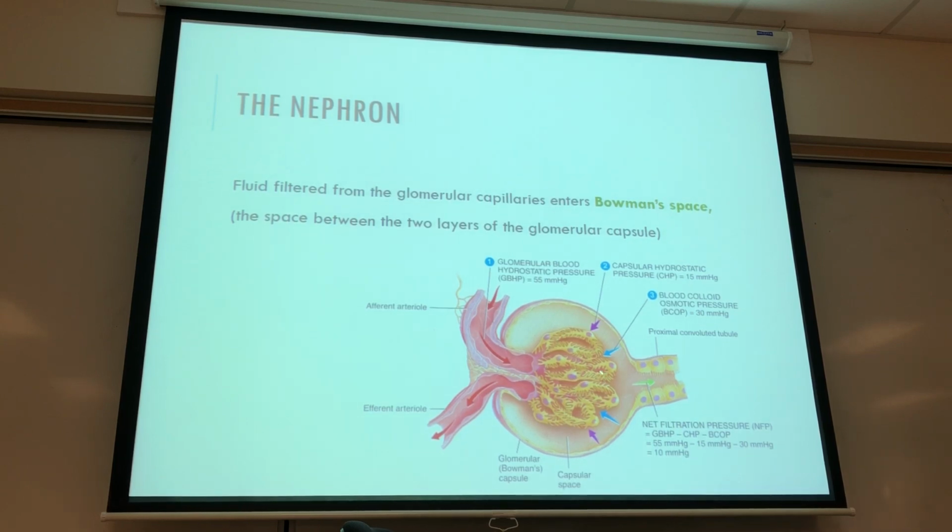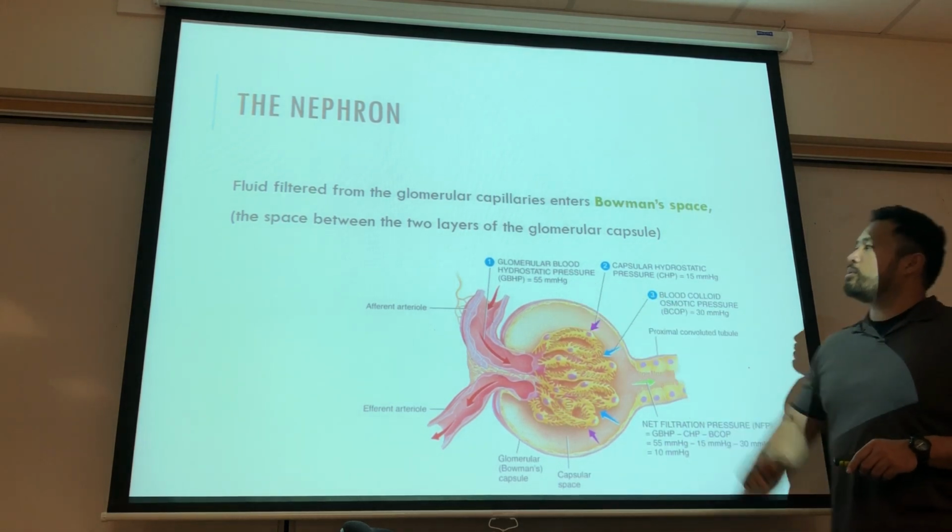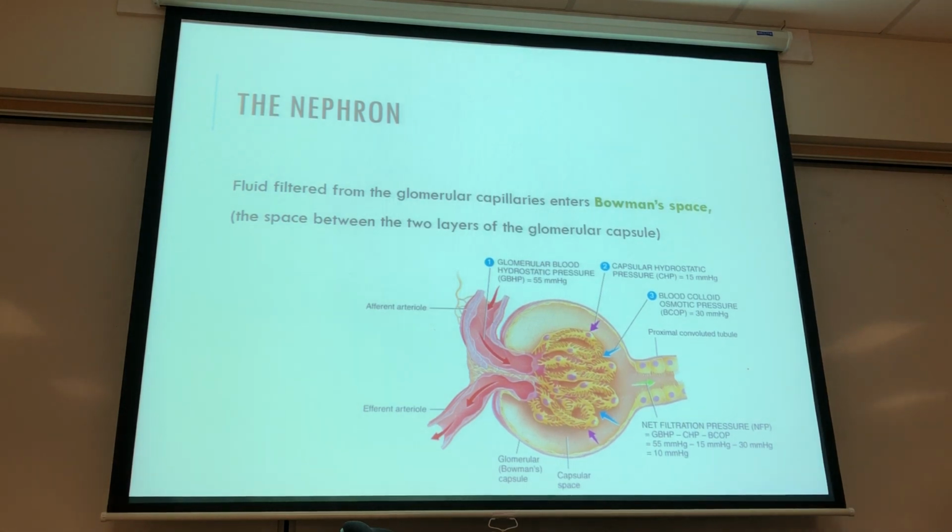Now as that filtrate moves out, it's going to enter the space between the visceral and the parietal layer, and that filtrate, as I mentioned earlier, will flow back down the tubule. So we're going to have to take a look at the pressures involved. We're not going to look at it just yet, but the pressures that are involved are the two things that we looked at: blood hydrostatic pressure and colloid osmotic pressure.